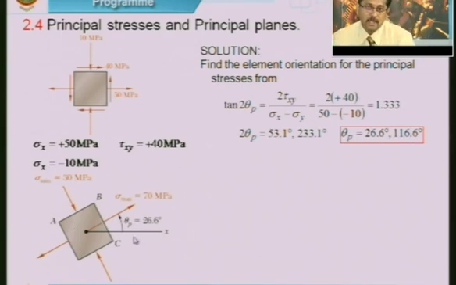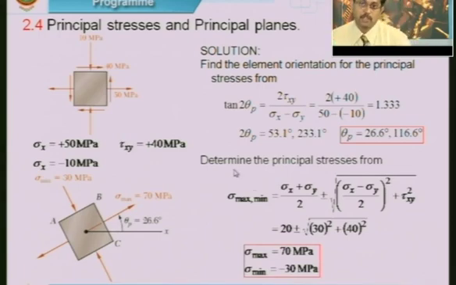Now, let us see what would be the corresponding normal stress values, which is indicated here as sigma max equals 70 megapascal. How do we get this? To determine the principal stress, we know this equation which we have derived just today. So, this would give you sigma max and sigma minimum.